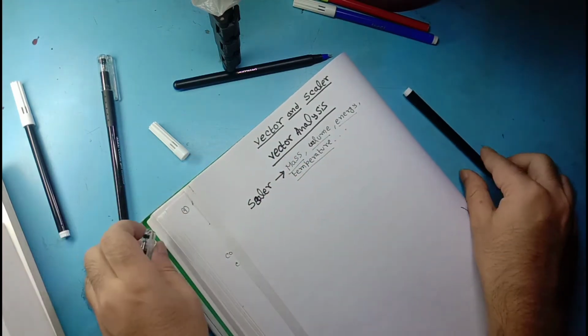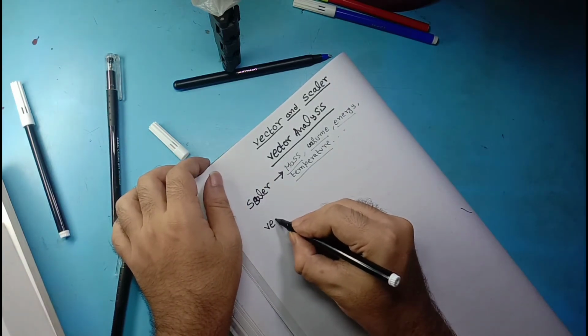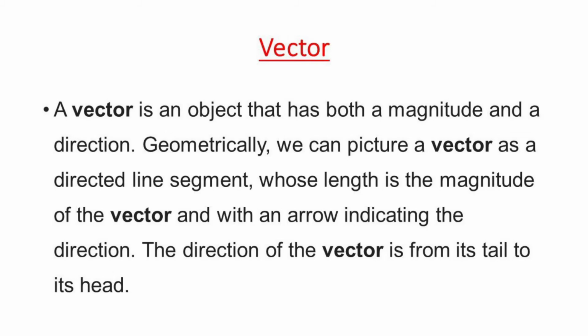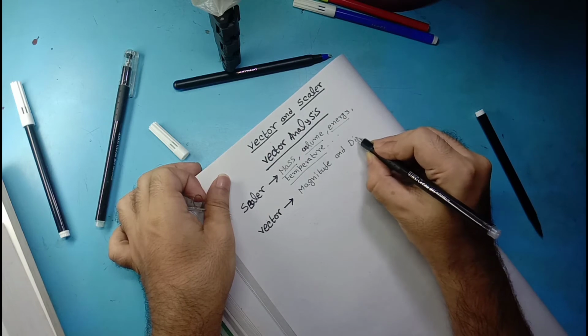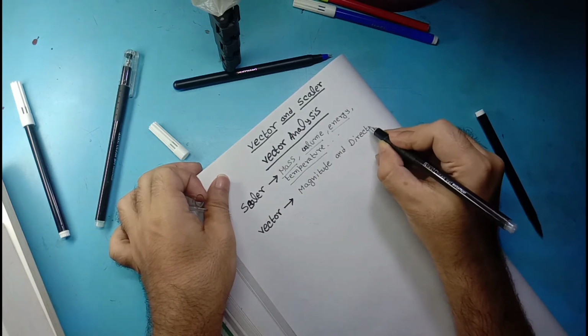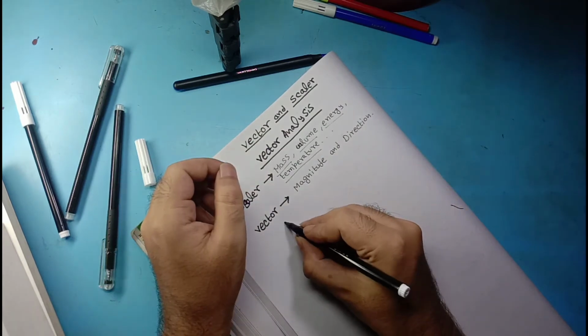Now the case of a vector is really different, because a vector requires two things. One is the magnitude and the other is the direction. A lot of examples, like force.